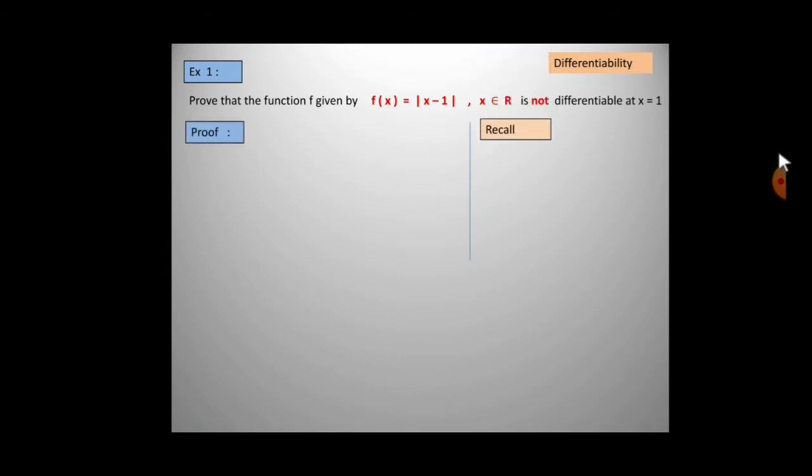So first let me recall that the function is not differentiable if the first point is limit as h tends to 0 f of x plus h minus f of x divided by h does not exist.